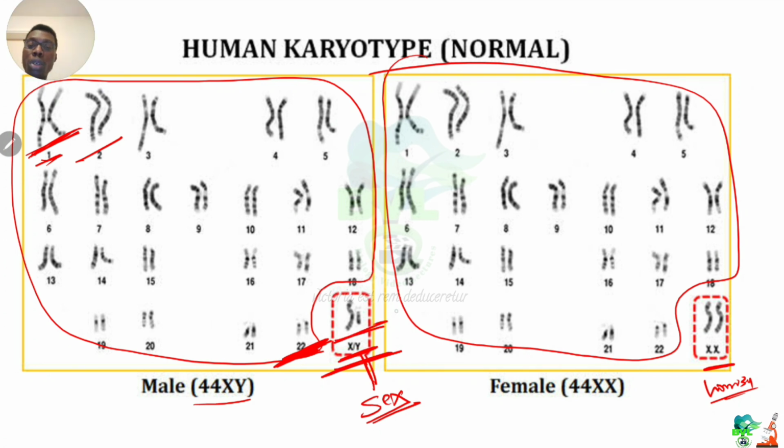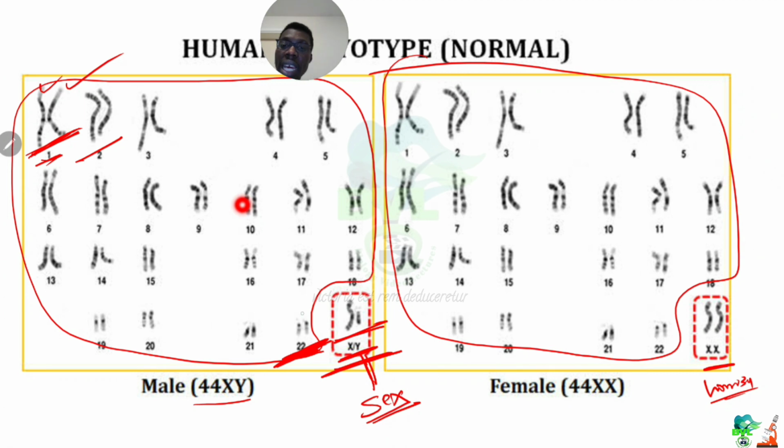So the 23rd pair of chromosomes is always the sex chromosome. Of course, you can also count it singly, 1, 2, then 43, 44, 45, 46. So this is a normal body cell in the organism, just any cell of the body which is not a reproductive cell, and this sort of cell is called a diploid cell.